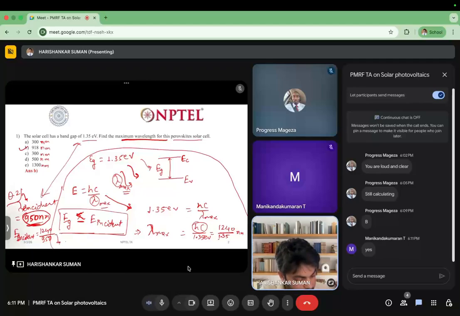You will get energy 1.305. So you have energy of the incident photon 1.305, which is less than the band gap of the material. So now, will this material absorb the photon?